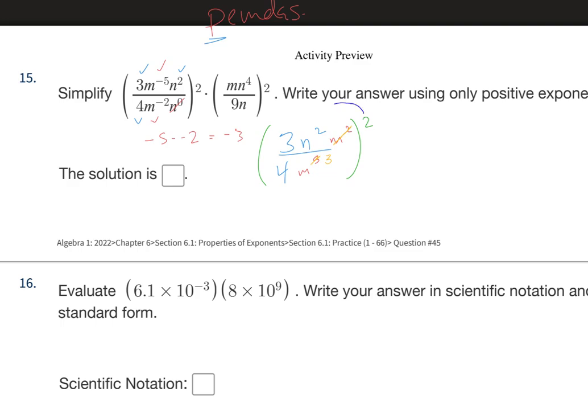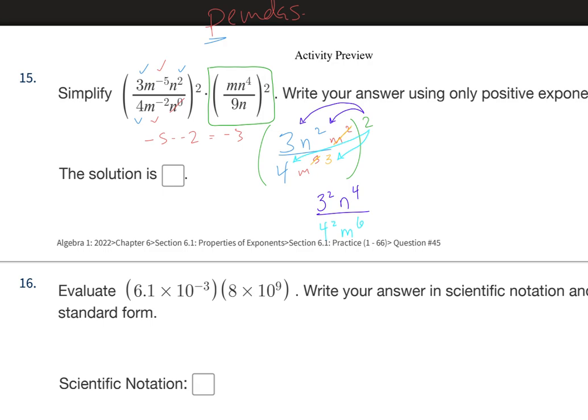Essentially now I'm going to distribute that power and get 3 squared n to the 4th over, and now I have to make sure to write the other one, 4 squared and m to the 6, because 3 times 2 is 6. We haven't messed with this part at all, and we could simplify it.